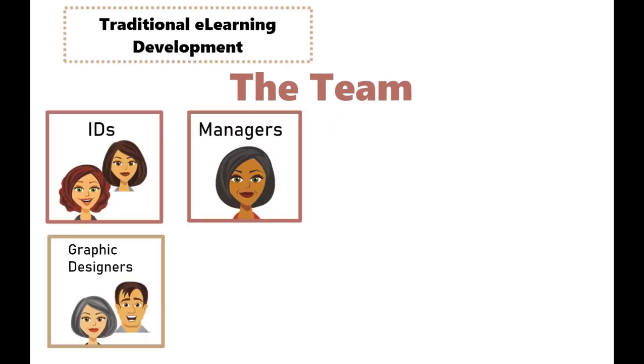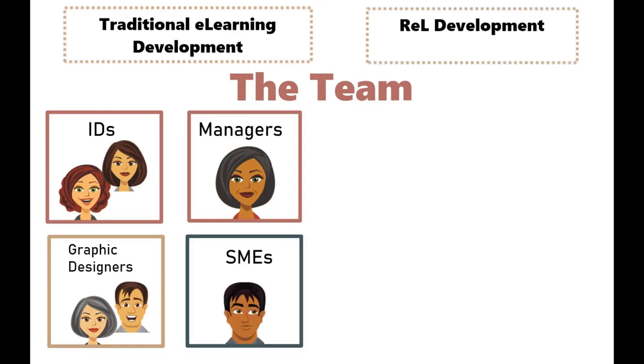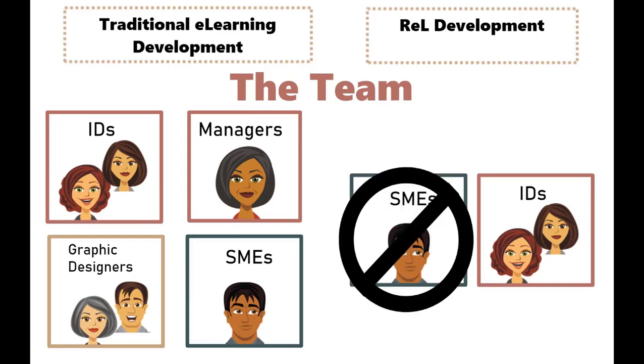Now let's talk a little bit about what the ReL team actually looks like. In traditional e-learning development, a team consists of IDs, managers, graphic designers, and SMEs. In rapid e-learning development, your team is usually smaller. Typically, rapid e-learning development is developed by an ID without the help of an SME.